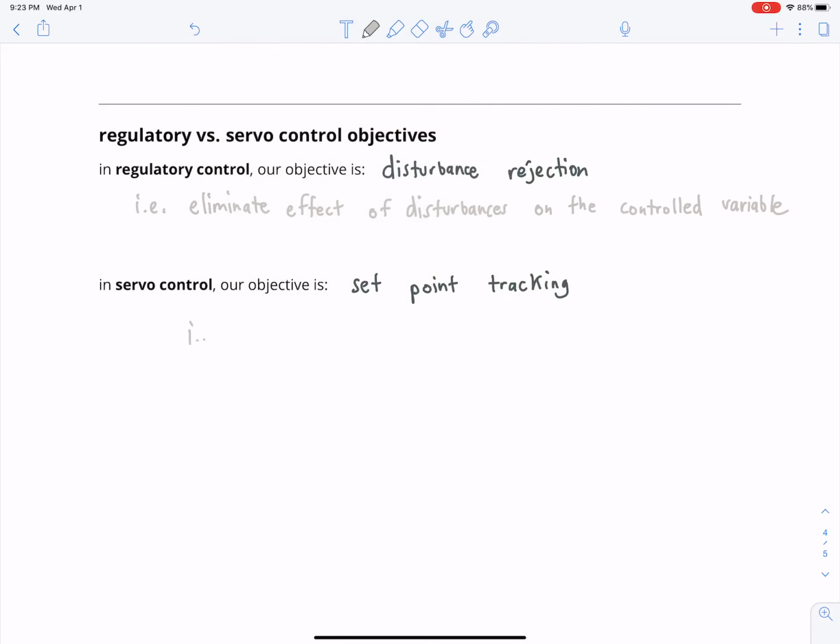More specifically, if we change the set point of C, say we want to make the salt water more salty, because the customer demands higher salt in the saline solution, then what we want to do is coax the controlled variable, which is C here, to quickly reach and maintain this new set point.